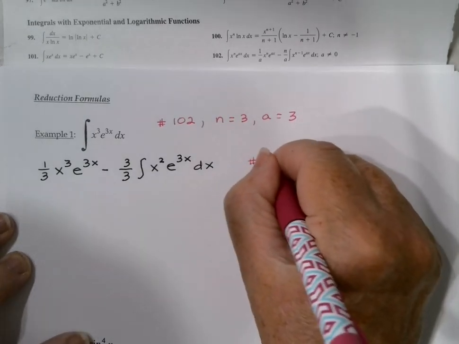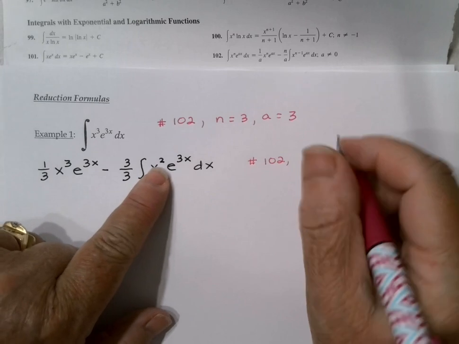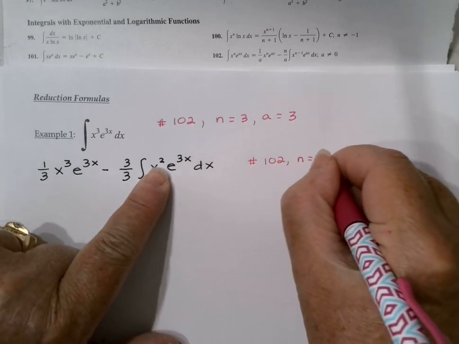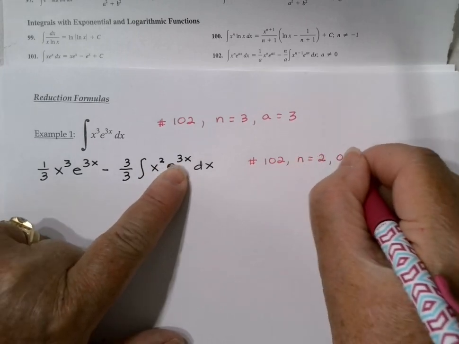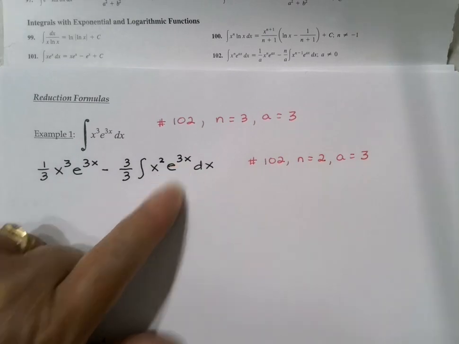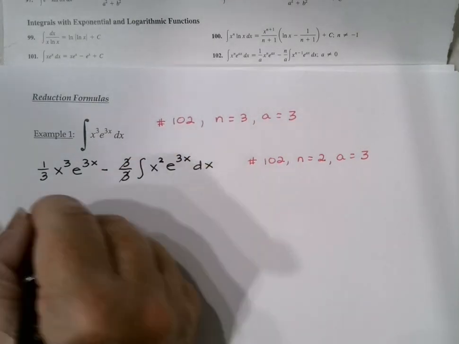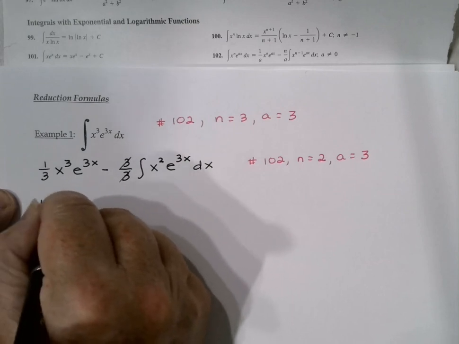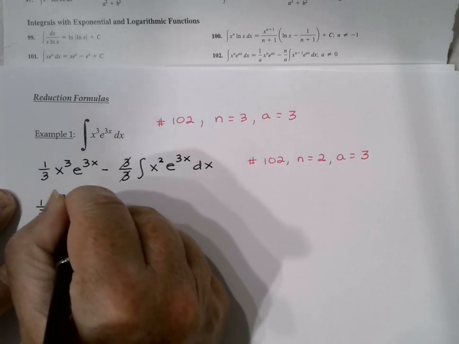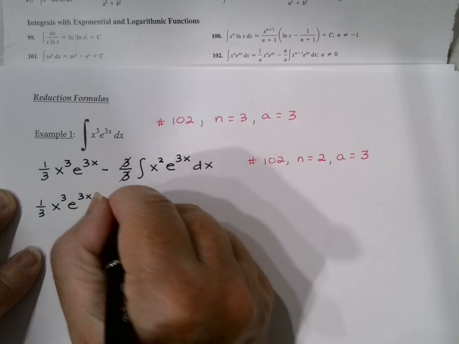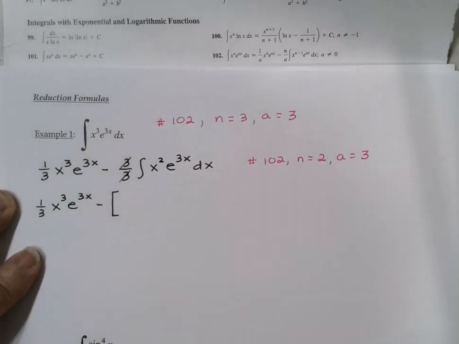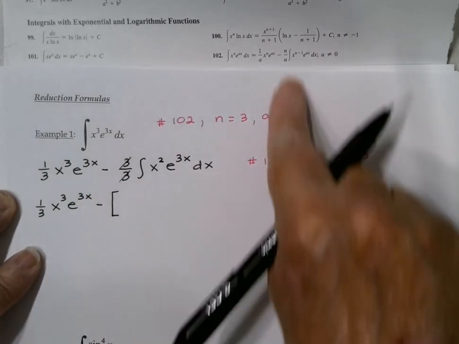So number 102 again. This time n is 2. A is still 3. And let's see, that's just 1, so I can get rid of those. So I've got my 1/3 x cubed e to the 3x minus, and here comes the reduction formula again.